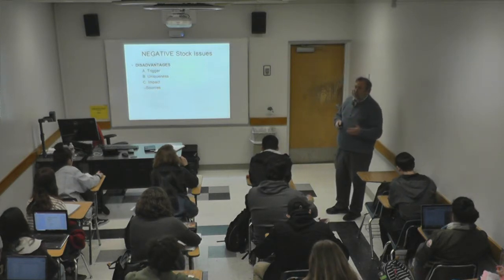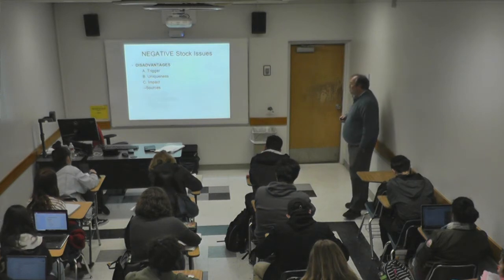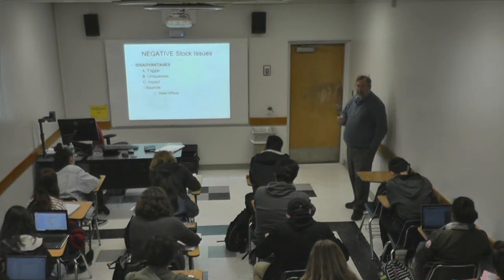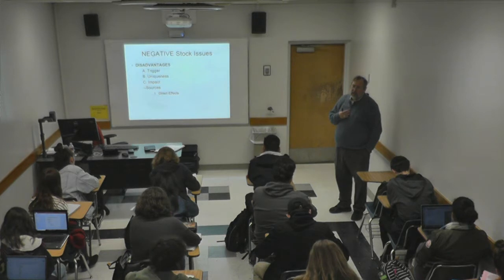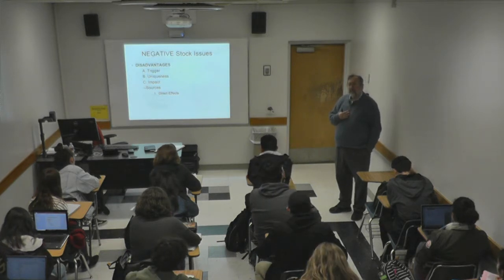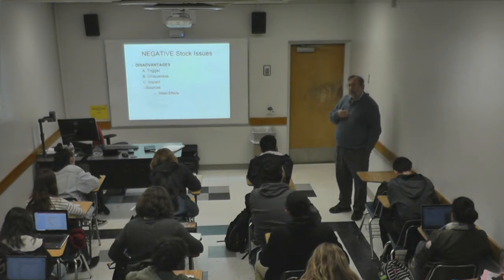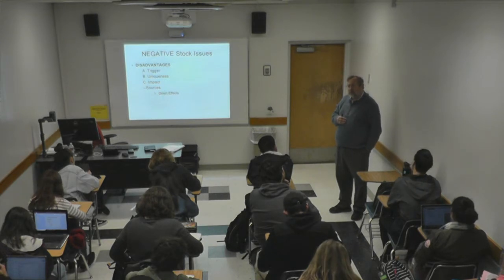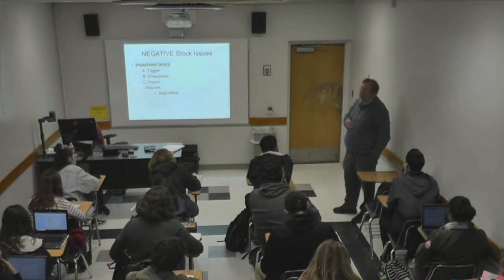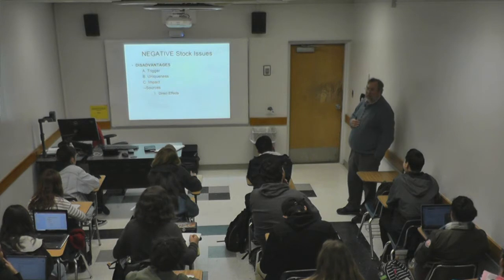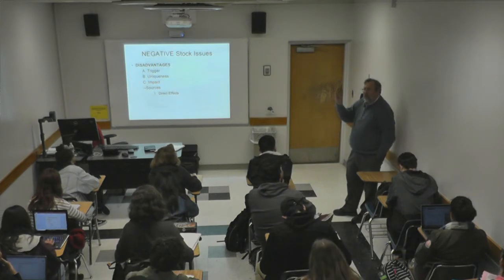The sources of disadvantages are pretty straightforward. The first one are direct effects. If you're going to ban assault weapons, you should ban the pepper weapons too. Sorry. Not really. It's the first time I've tried that one.